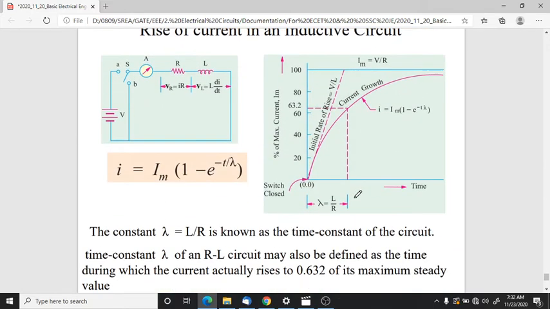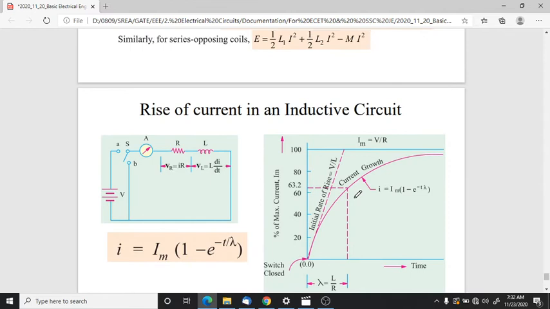Next, rise of current in an inductive circuit. Like in the capacitors chapter, where you saw the rise of voltage in a capacitive circuit, where voltage is the function, here current is the function. A capacitor opposes a sudden change of voltage, and an inductor opposes a sudden change of current.